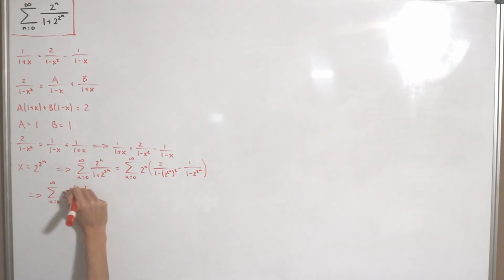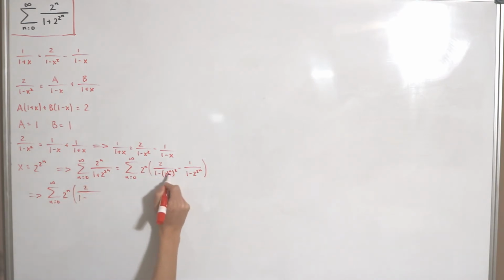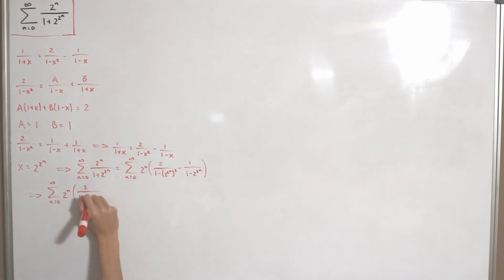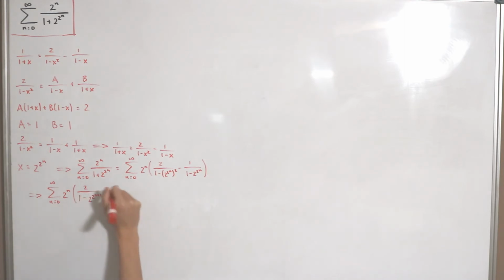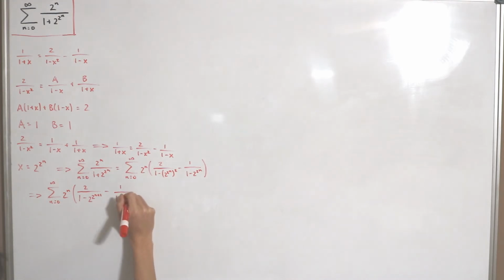Inside, we have 2 divided by 1 minus 2^(2^n) squared. Basically, this is 2^(2^n) multiplied by itself, so it can be written as 2^(2^(n+1)). Then we subtract 1 divided by 1 minus 2^(2^n).